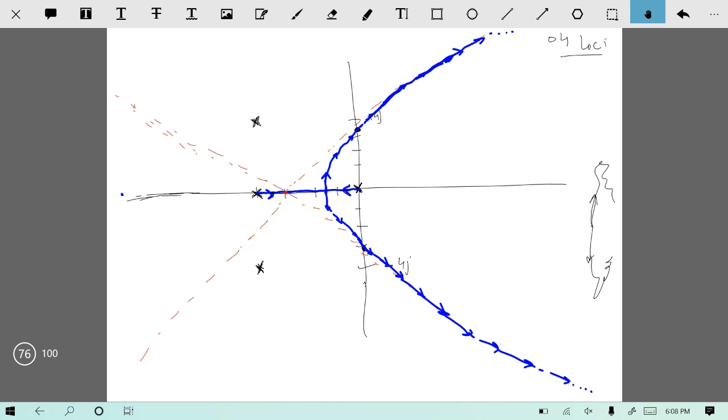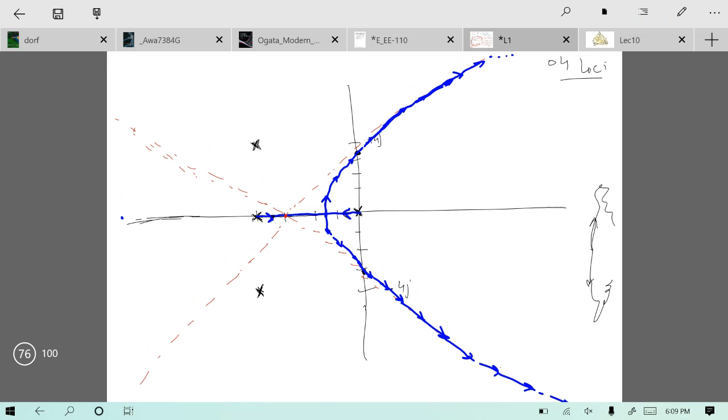So we have made use of the breakaway point, the points where they cross the j omega axis, and the asymptotes to draw the path which these two poles will follow when you change your k. I hope you have understood how I have drawn this root locus for these two poles.